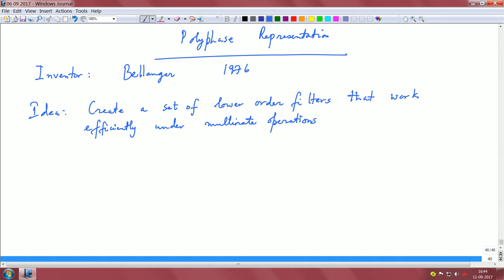Okay, and this idea also leads us towards simplified theoretical results and has a lot of very interesting consequences for designing efficient architectures for multi-rate systems.